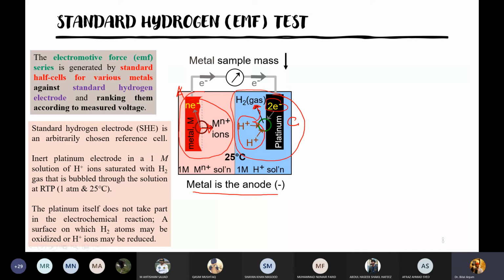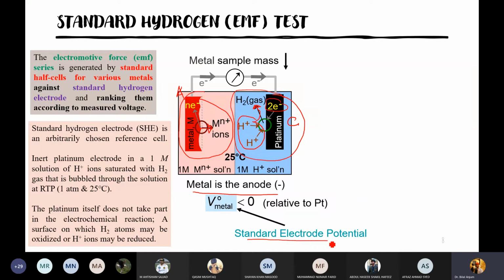Now if you connect another metal with the same hydrogen electrode, so, before we begin with this other example, the standard electrode potential is written in this form: V, the name of the metal, and you have a subscript 0, is less than 0.